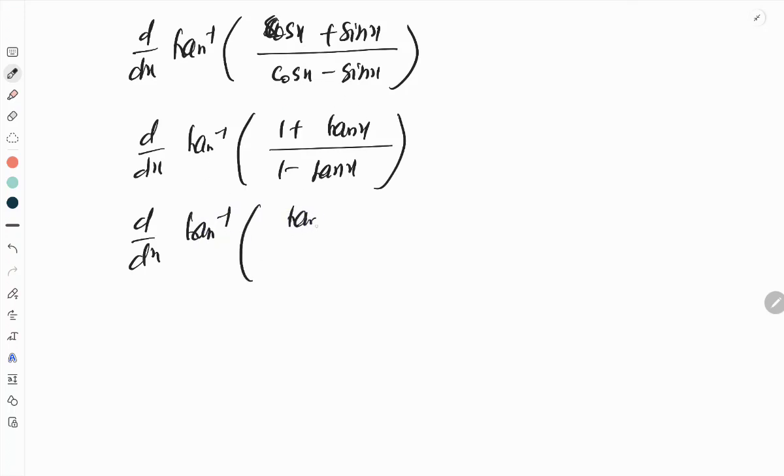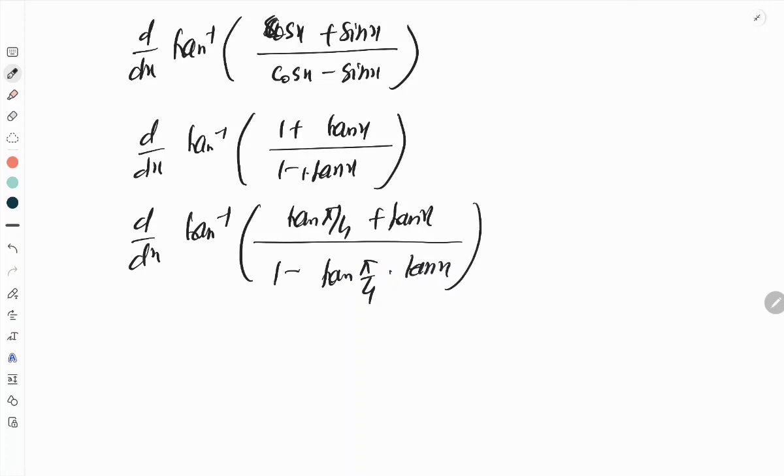So it becomes tan a plus tan b upon 1 minus tan a tan b, which equals tan of (a plus b), meaning tan of (pi by 4 plus x).